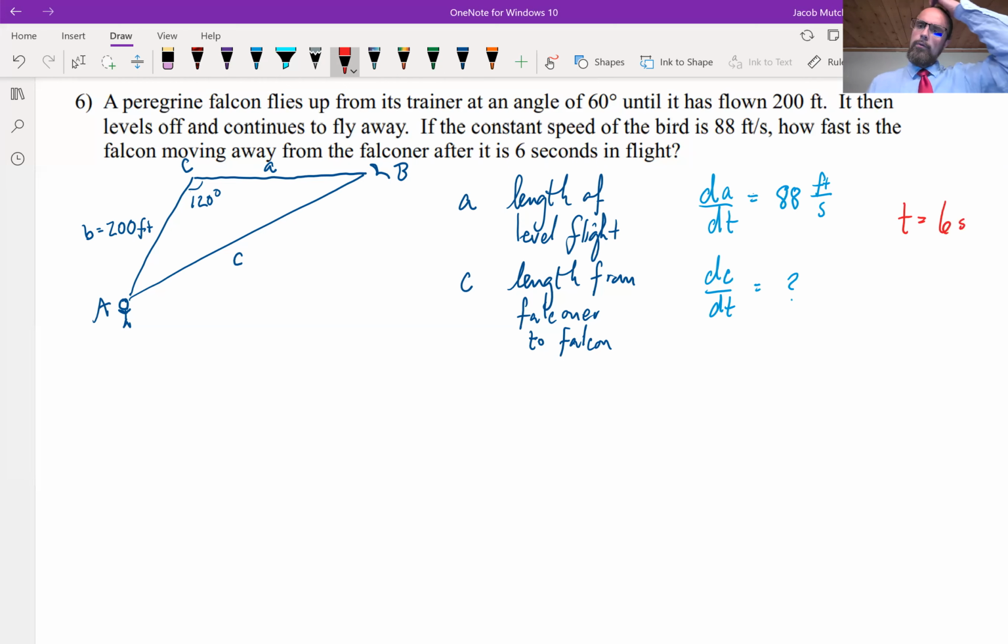Now, we're not really dealing in time in terms of our relationship. So what I want to kind of convert that to is, do I know some specific A value which I could use to come up with a specific C value in this triangle? So let's deal with finding the A value first.